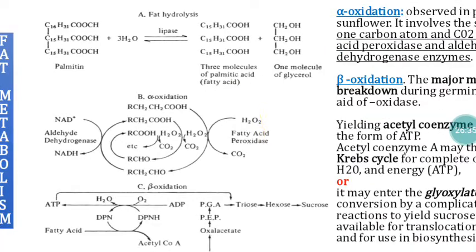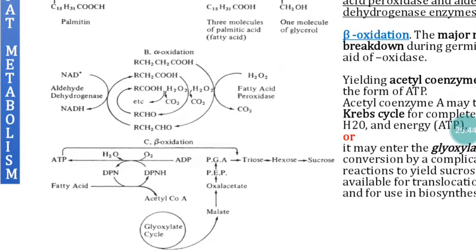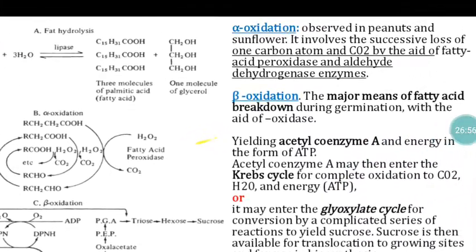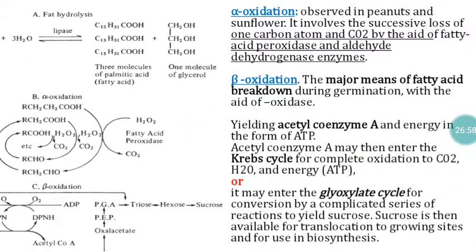With the help of the lipase enzyme, the fat will be divided into 3 molecules of fatty acid and 1 glycerol. Again, the fatty acids will undergo 2 types of oxidation: one is alpha oxidation, and the other is beta oxidation. Alpha oxidation is not a commonly occurring event, but in some crops like sunflower and groundnut, the occurrence of this particular event is recorded.